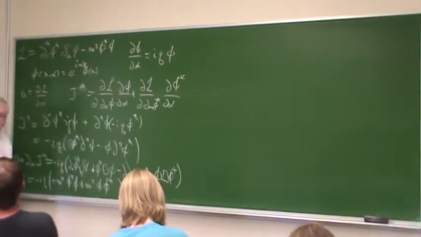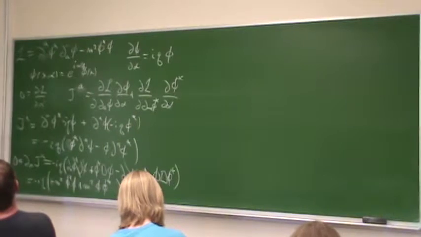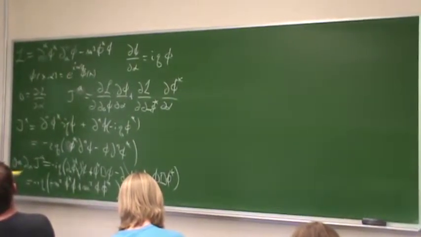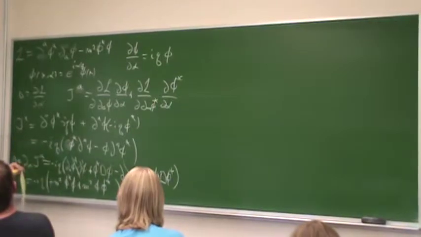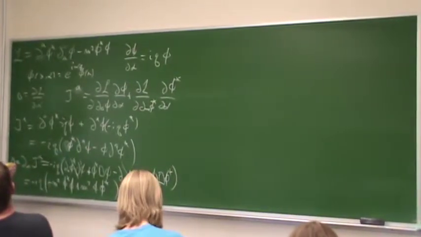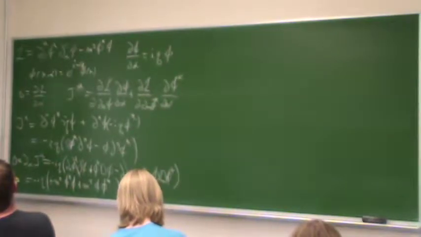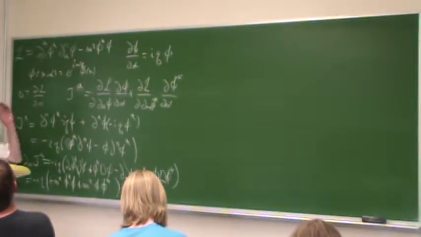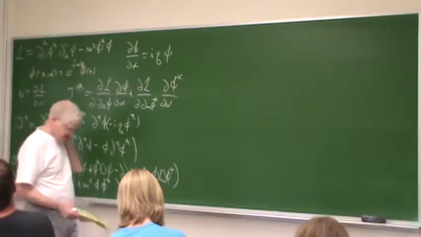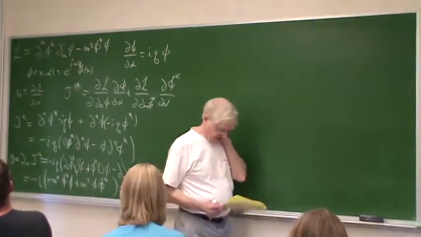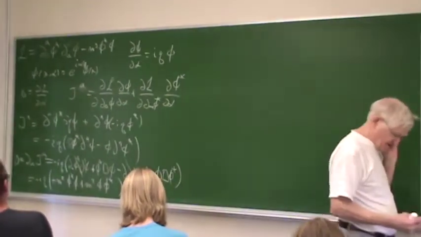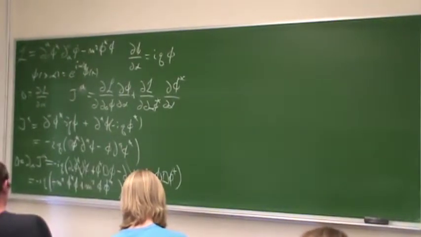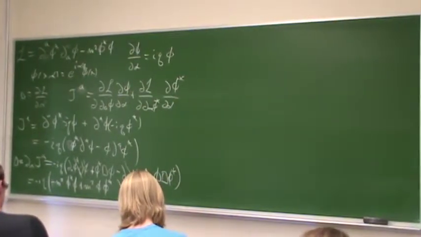Okay, so the current is in fact conserved. So that's the check. J mu is a conserved current. So global continuous symmetries of the action density imply the existence of conserved Noether currents and conserved structures.